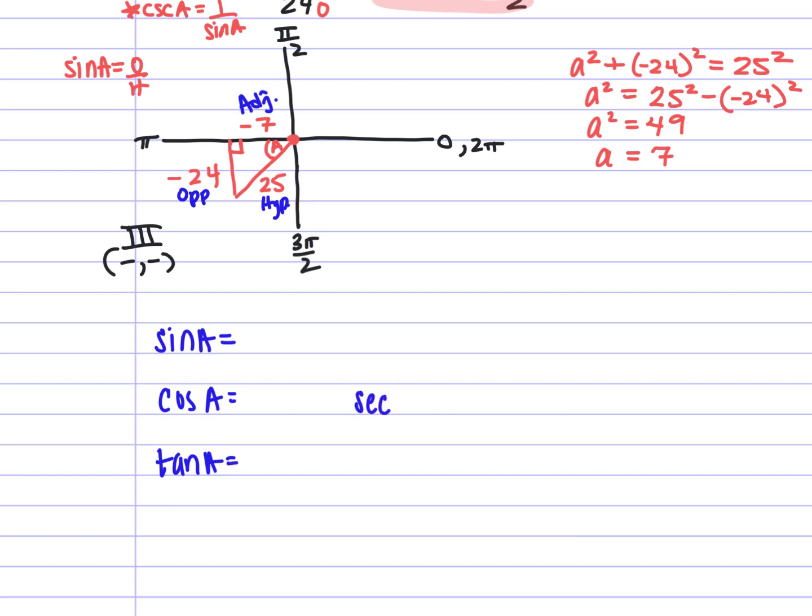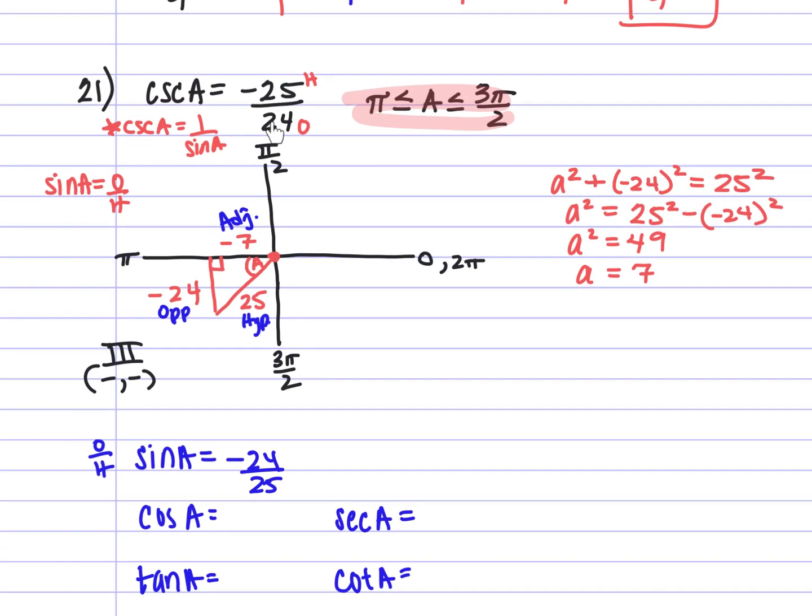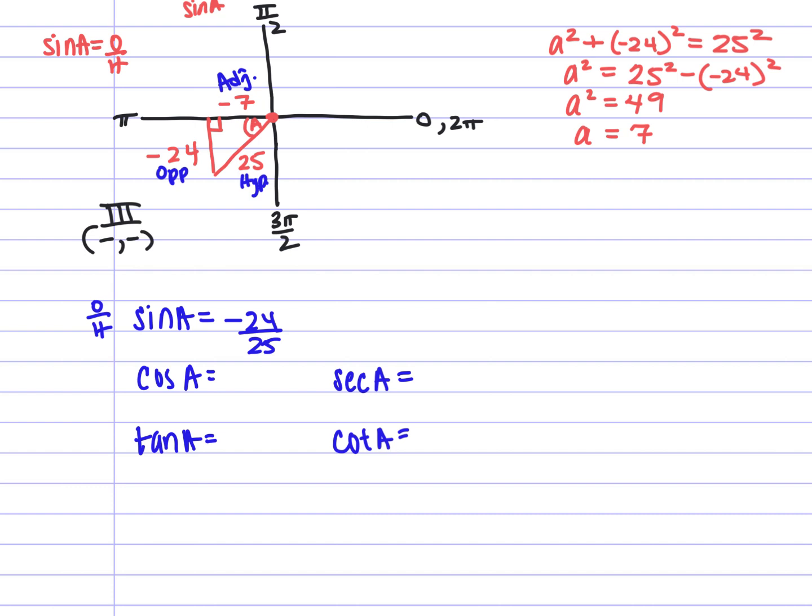I need to find secant and cotangent. So sine, opposite over hypotenuse, negative 24 over 25. I could have found that without drawing my picture because all I had to do was go to my original and flip it. Cosine is adjacent over hypotenuse, negative 7 over 25.